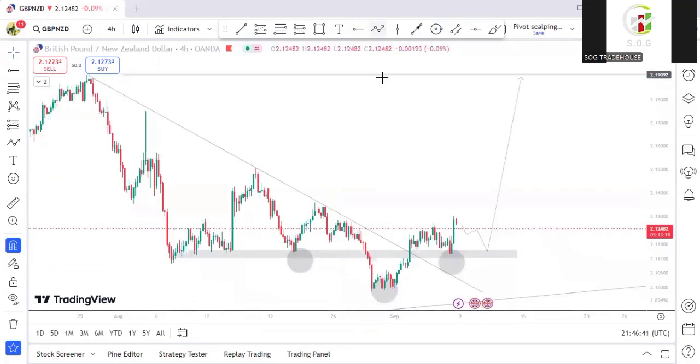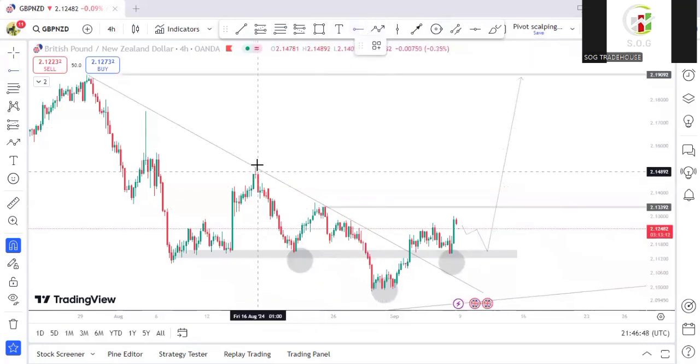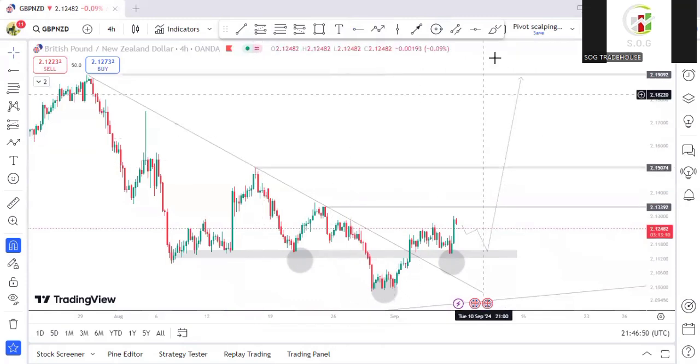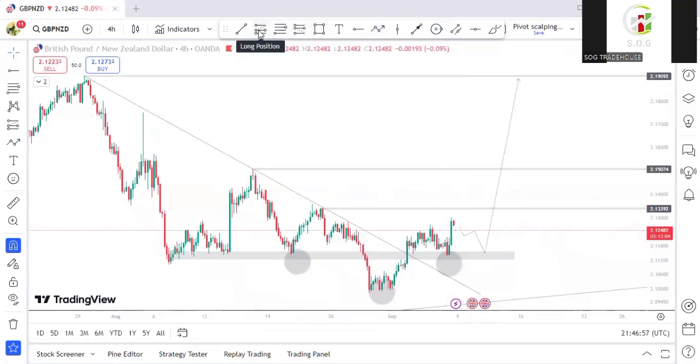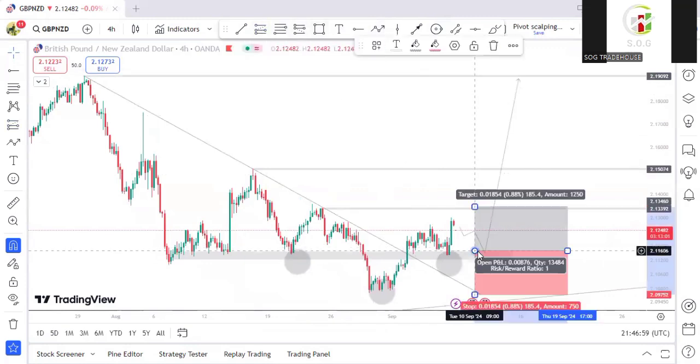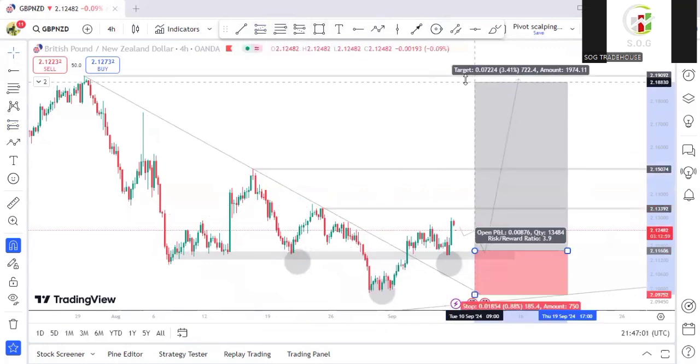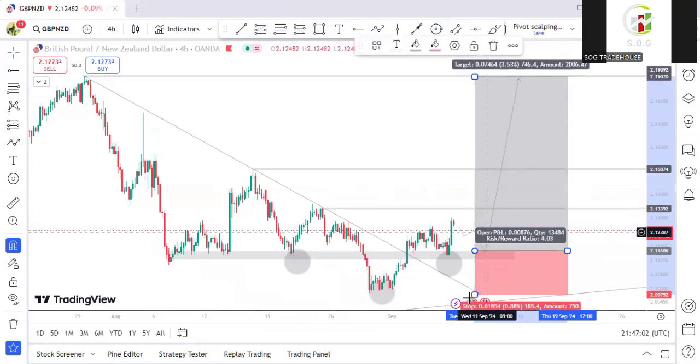Our first take profit should be this high, and our second take profit is this high. If you want to hold the swing, you can hold to the last high over there. So this is my analysis on GBP NZD.